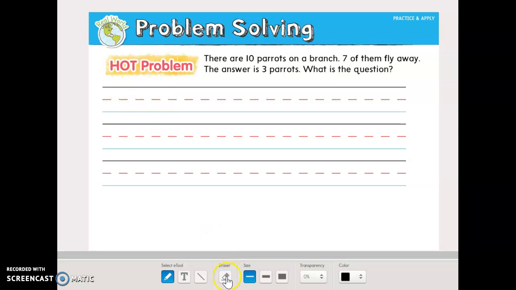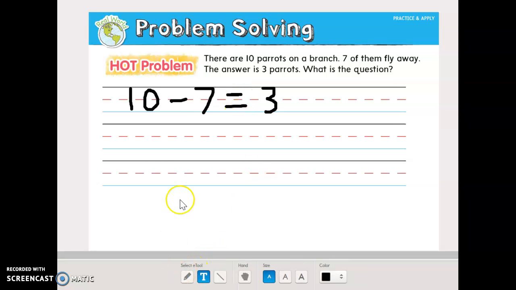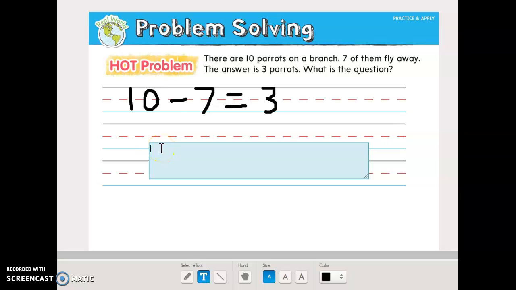All right, let's go back to our writing tool. And this time, I'm going to make a 10 here. And then we know that 7 fly away. And the answer is 3. What is the question? So the question is, and I'm going to type it out for you to write, how many parrots are left?